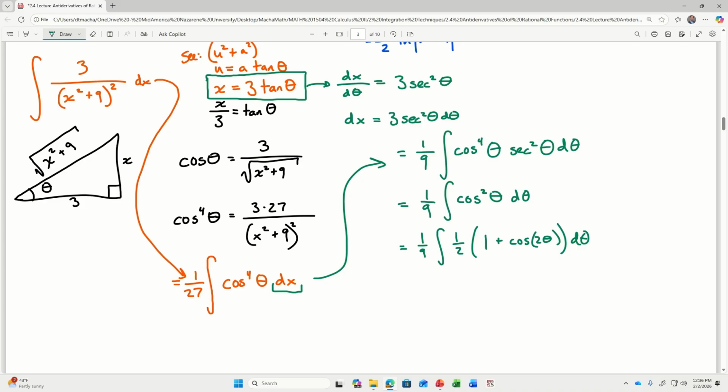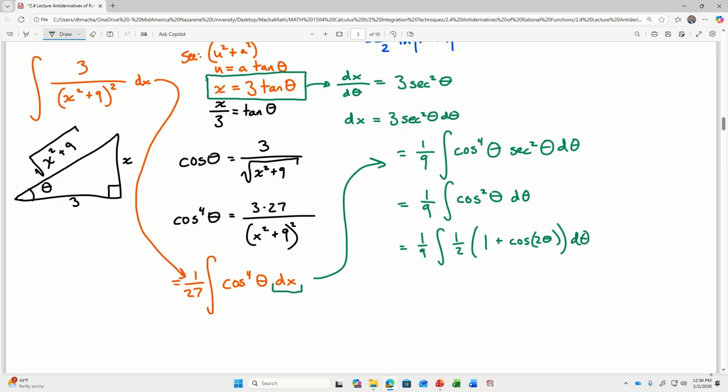Yeah, you got to remember those power reduction identities. They look really similar. Cosine squared is 1/2 times 1 plus cosine 2 theta. Sine squared is 1/2 times 1 minus cosine 2 theta. So in both cases, it gets the cosine 2 theta part, and it looks exactly the same. The only difference is that because it's a cosine, it's positive; if it's a sine, it's negative.